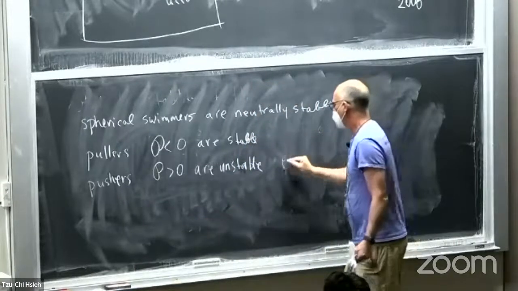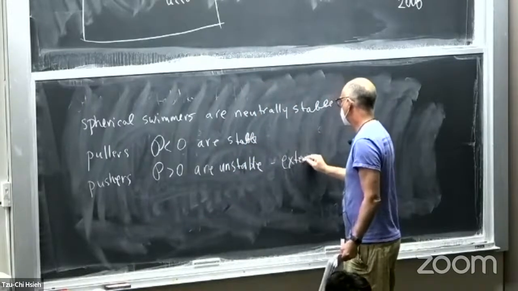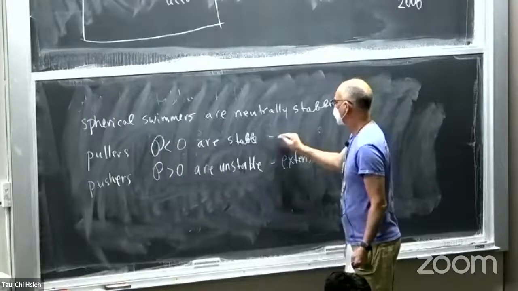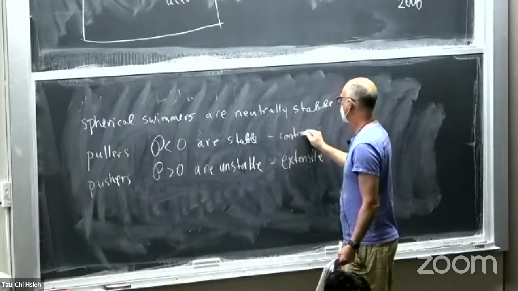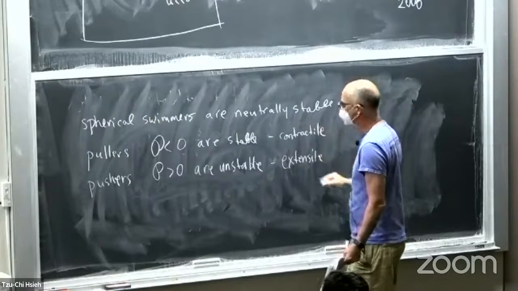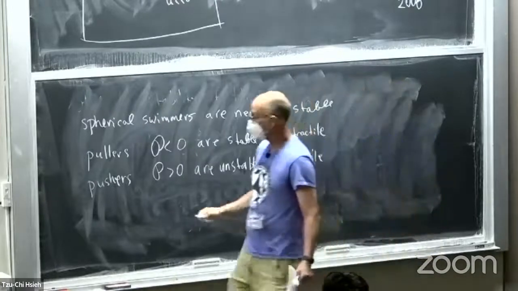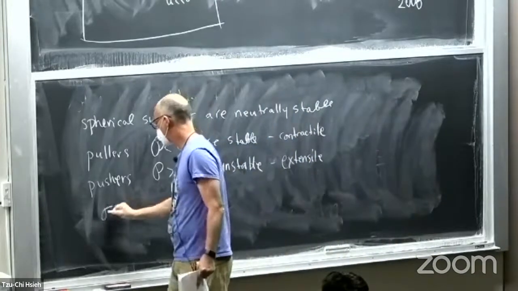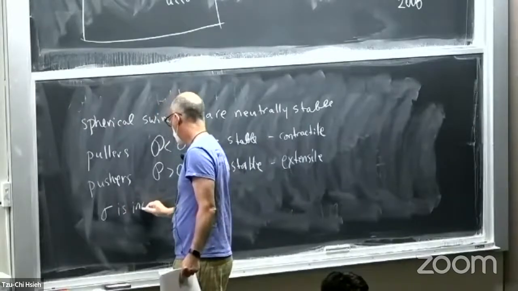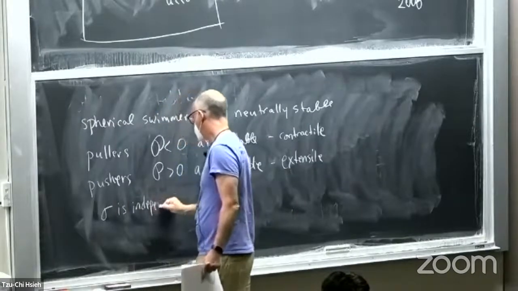So pusher, I think of these as extensile. This is contractile. And also, we see here that the growth rate is independent of the swimming speed.